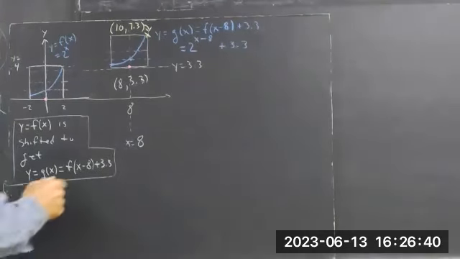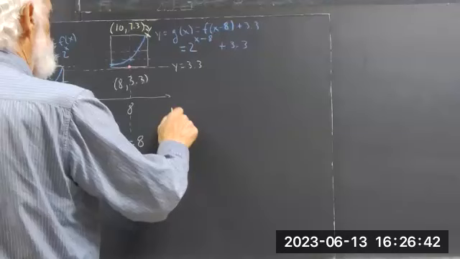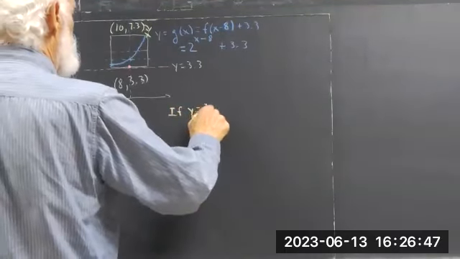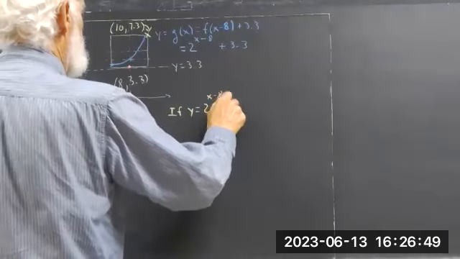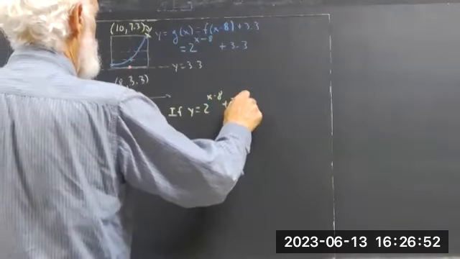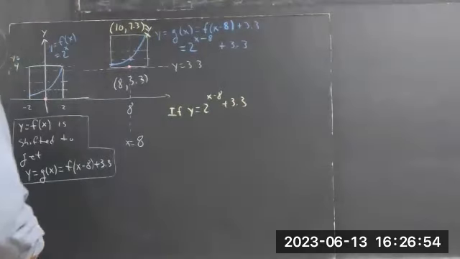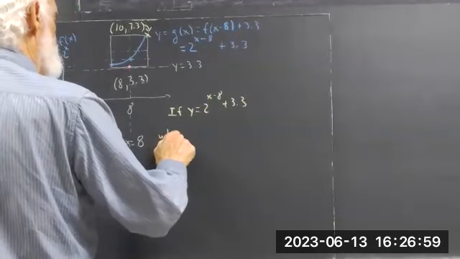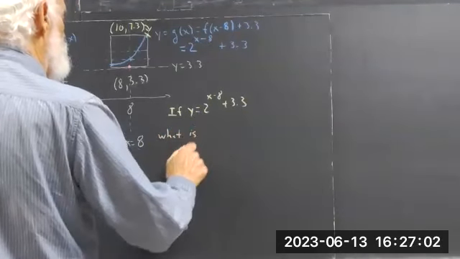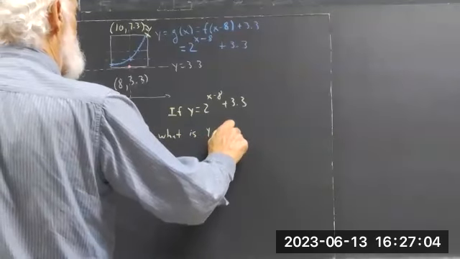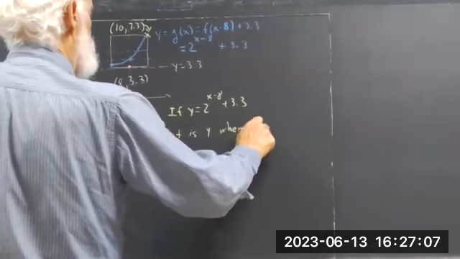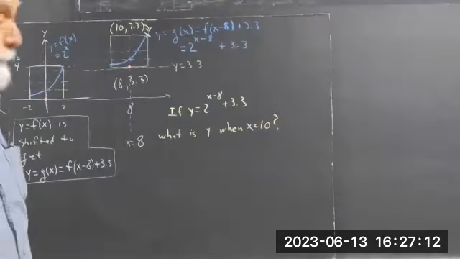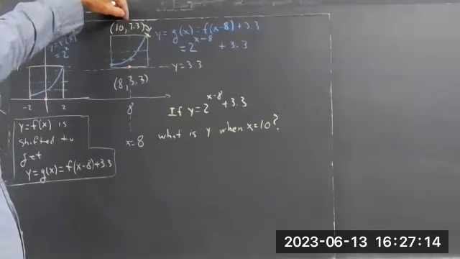Okay, so write it this way: if y equals 2 to the x minus 8 plus 3.3, what is y when x equals 10? Well, it had better be 7.3.